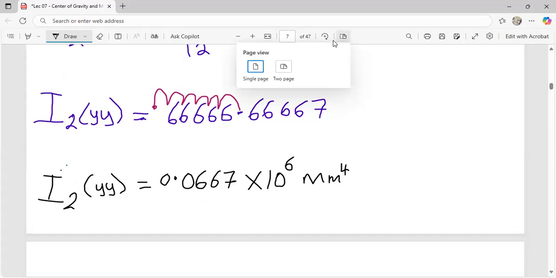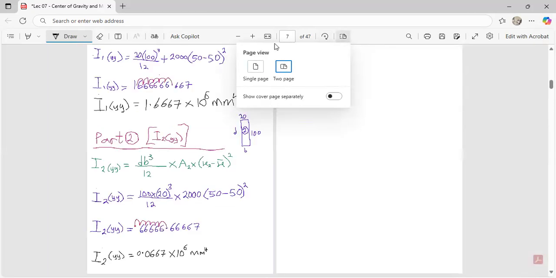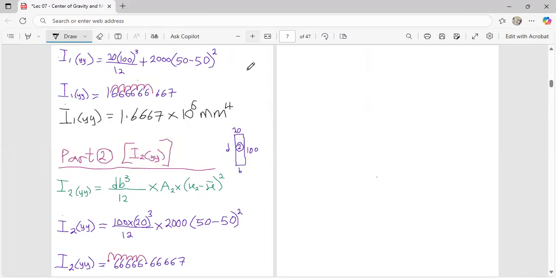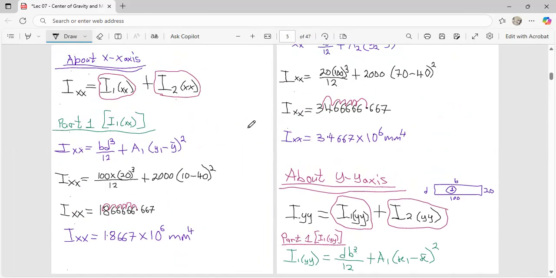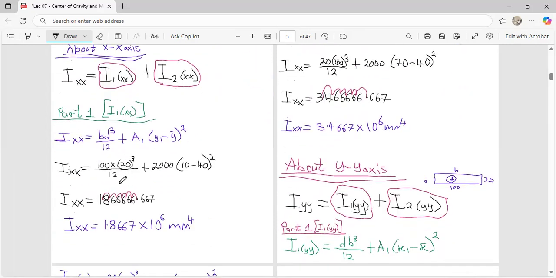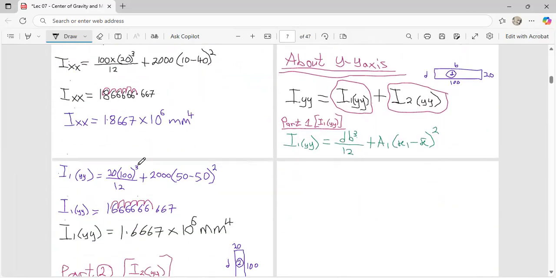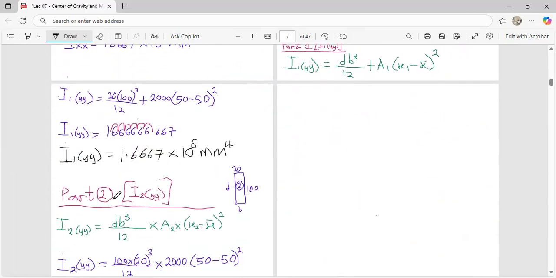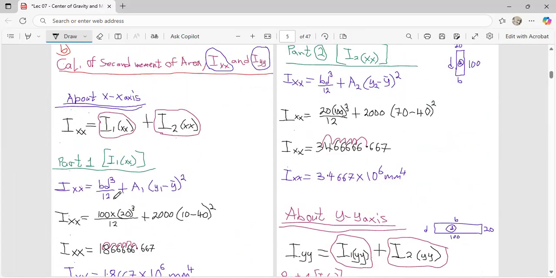So I quickly want to just use a two-page slide to show you how far we have come. This is the second part of the work that we are solving. We are calculating for the second moment of area at xx and yy. So we express our formula as this. First, we pick the x. We have calculated for it part 1 and part 2, as we are all seeing over here.